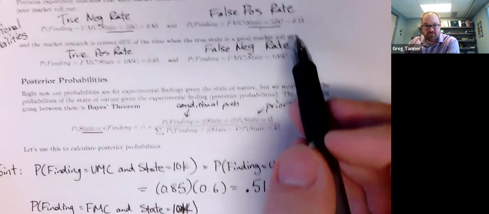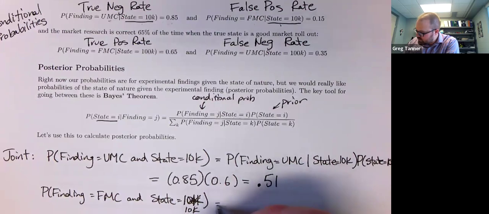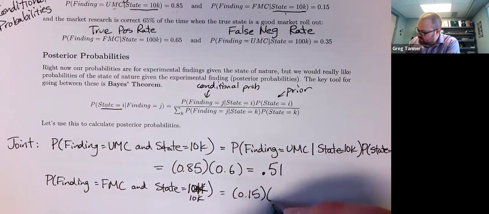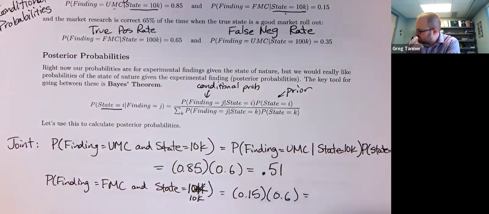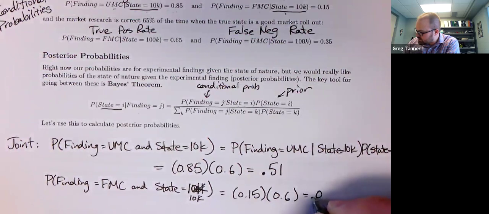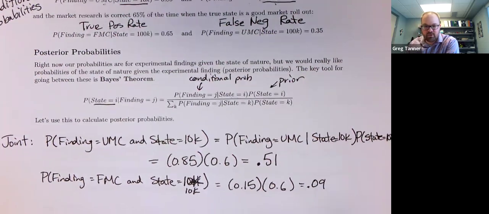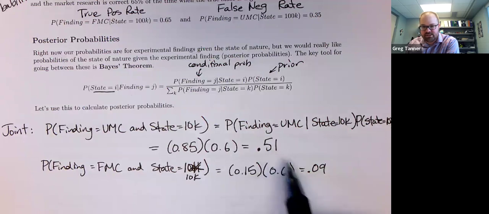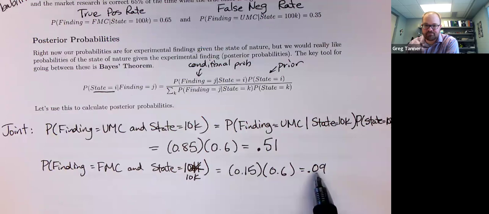I'll take this false positive rate of 0.15, multiplied by the probability of being in the 10K state, 0.6, and that's going to give me a value of 0.09. Now, these are both the possibilities with state equals 10K, and what you'll notice about these two numbers is they add up to the prior probability of 0.6.